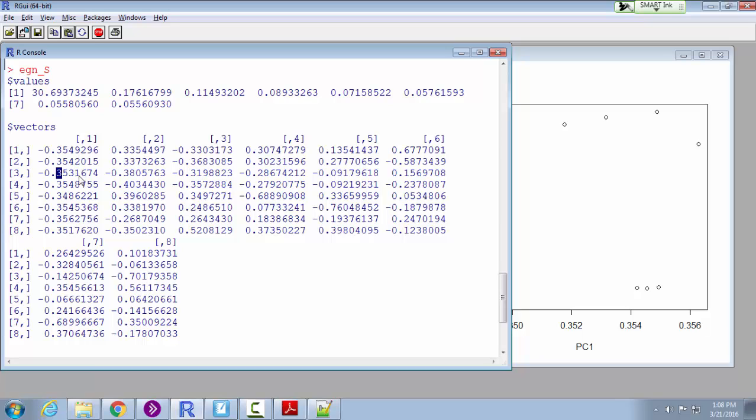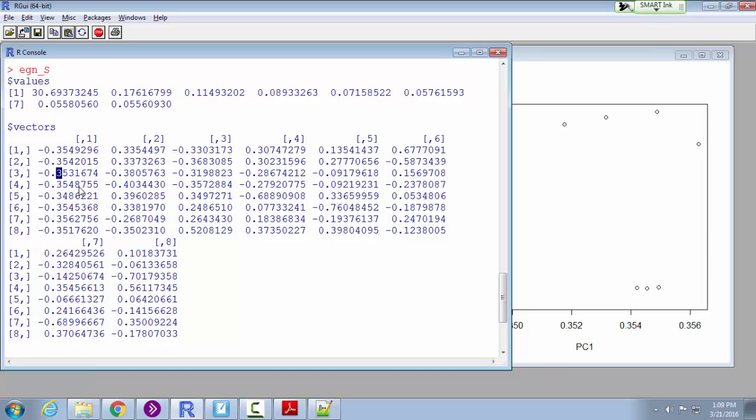I simulated some normally distributed data that had a common correlation, between all the variables, of a reasonably high number. So there was strong pairwise correlation. And we got something that looked exactly like this.